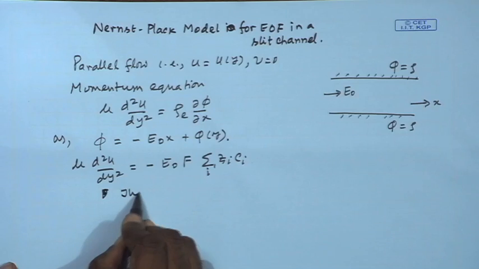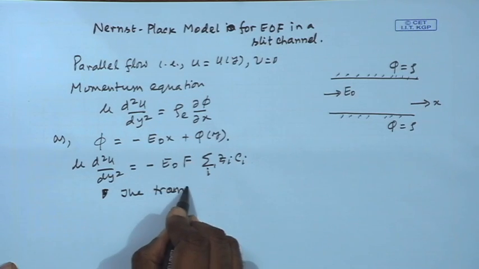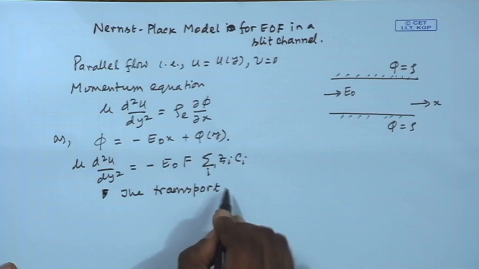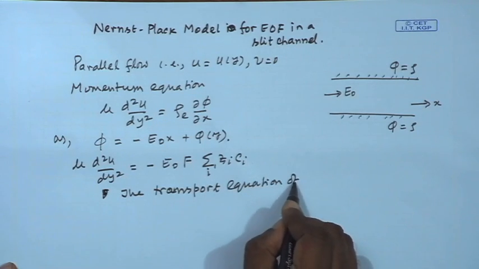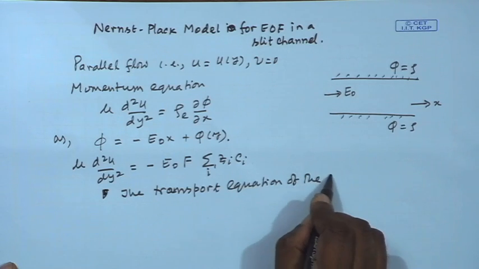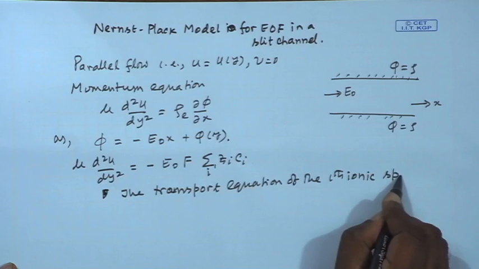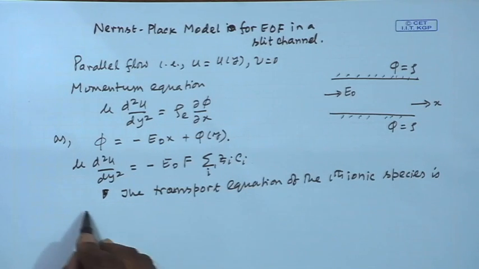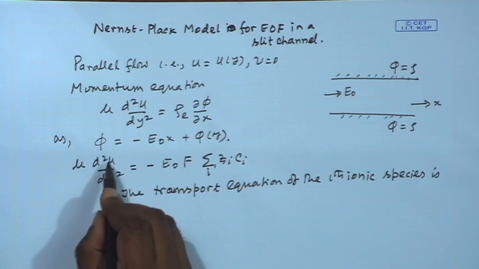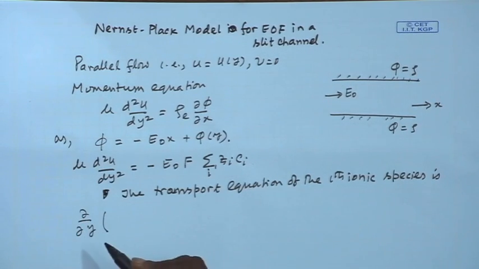So, the transport equation for the ith ionic species can be written, because again fully developed, all the gradients with respect to x are 0.